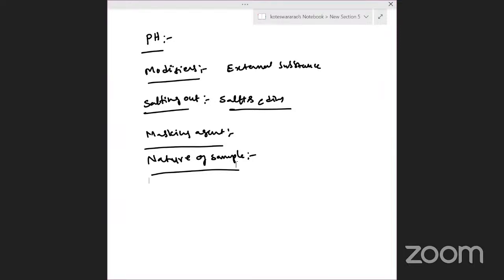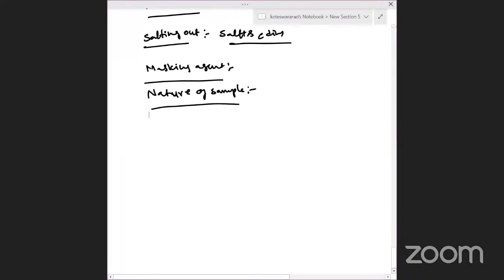Nature of sample can also influence the solvent extraction. Based on all these factors, the rate and selectivity of solvent extraction can be improved by proper choice of extracting solvent. The first factor is the selection of solvent.